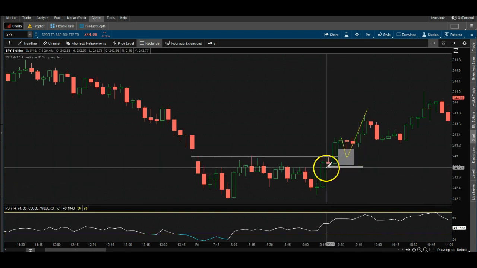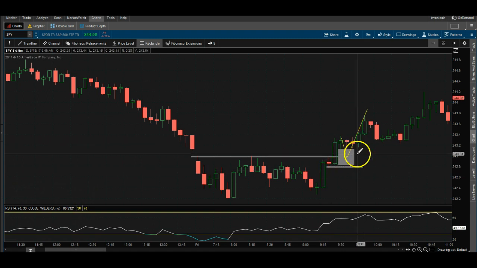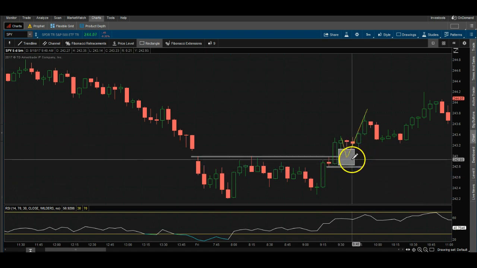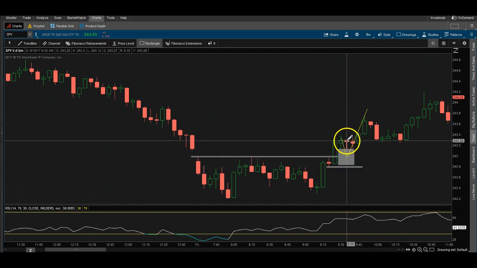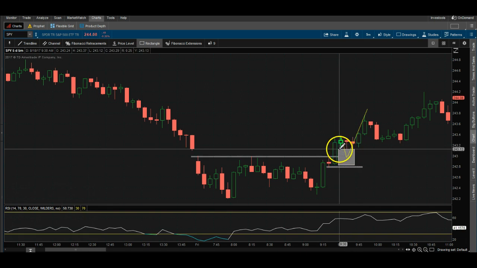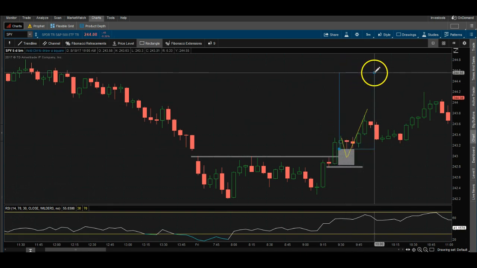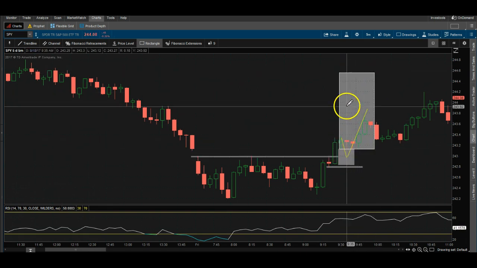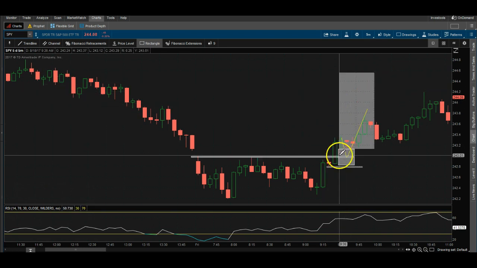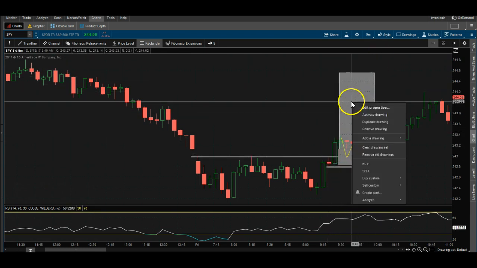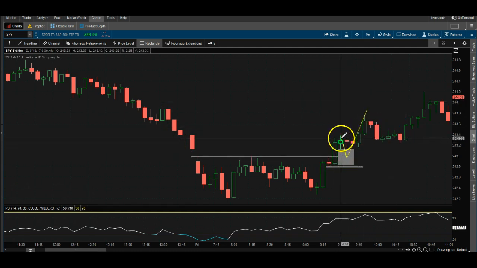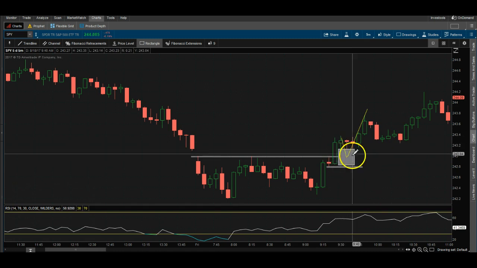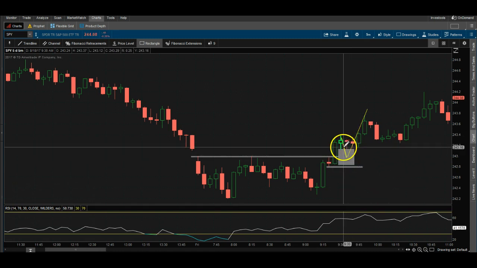If it drops below that by, say, 1 or 2 pennies, get me out, because I've already given it about 10 cents here. And then our reward could be 2 or 3 times that, because it's a breakout. But the very high probability trade is the breakout, then the pullback. That is where you want to enter the trade.